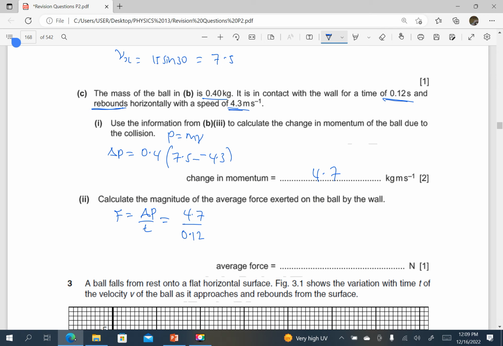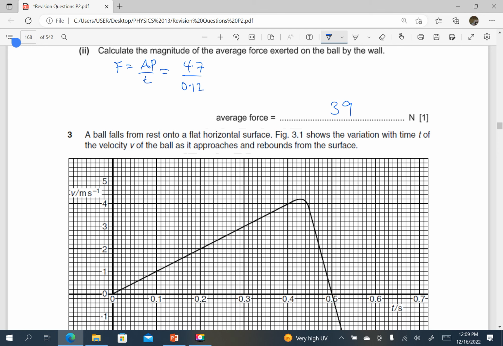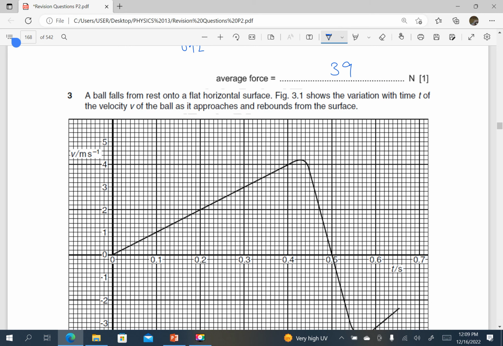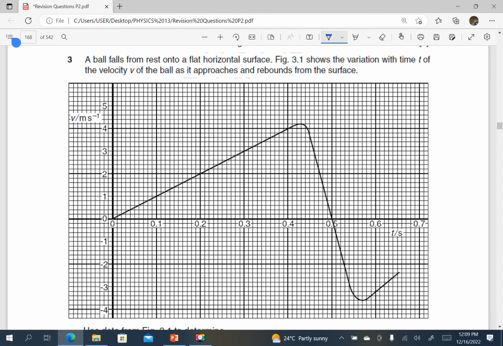A ball falls from rest onto a flat horizontal surface. The figure shows the variation with the time t of the velocity v of the ball as it approaches and rebounds from the surface.